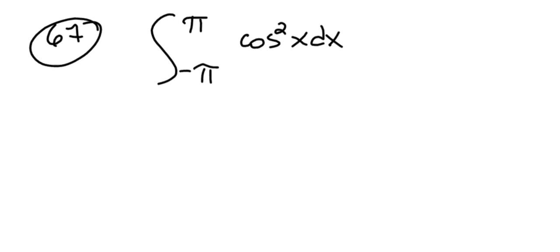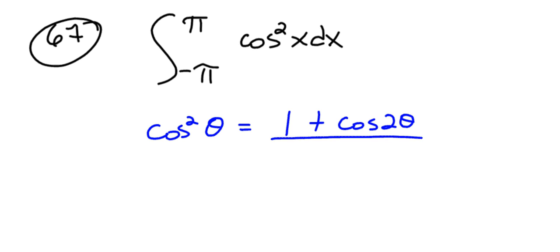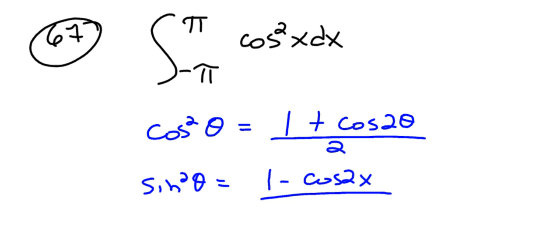If we can remember that we have identities for cosine squared theta, you can replace it with 1 plus cosine 2 theta over 2. And if we had sine squared theta, we can replace it with 1 minus cosine 2 theta over 2.